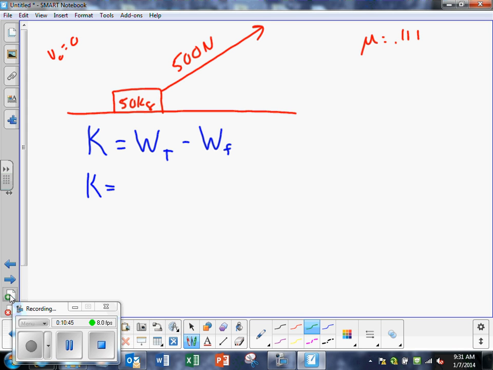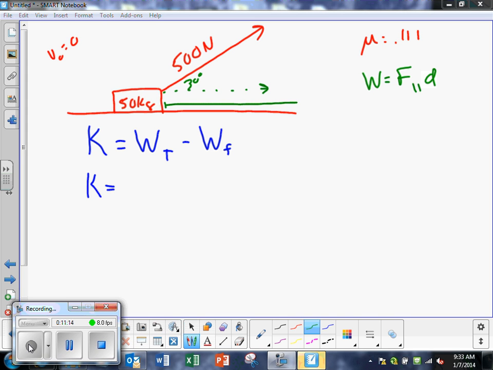Remember, our formula is work is equal to a force that's parallel to a displacement. As you can see, the tension is not parallel, right? I forgot to put in an angle here. We'll say that this is 30 degrees.